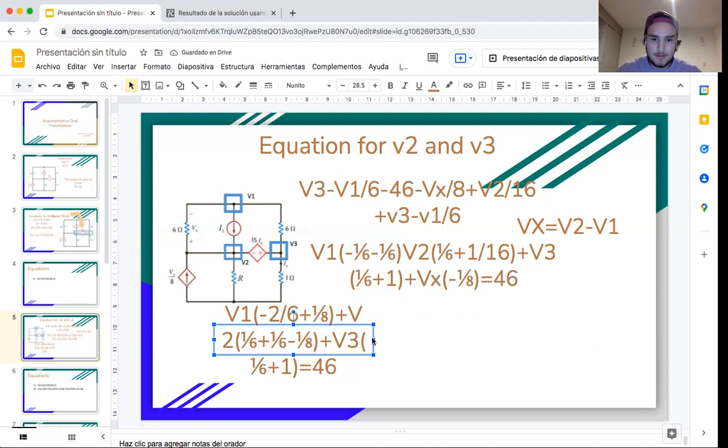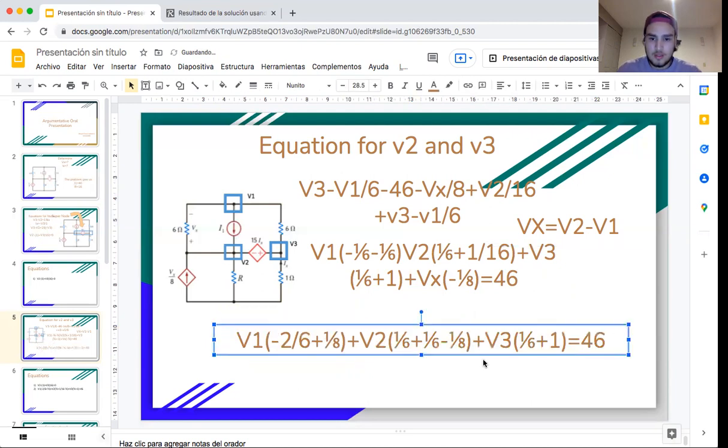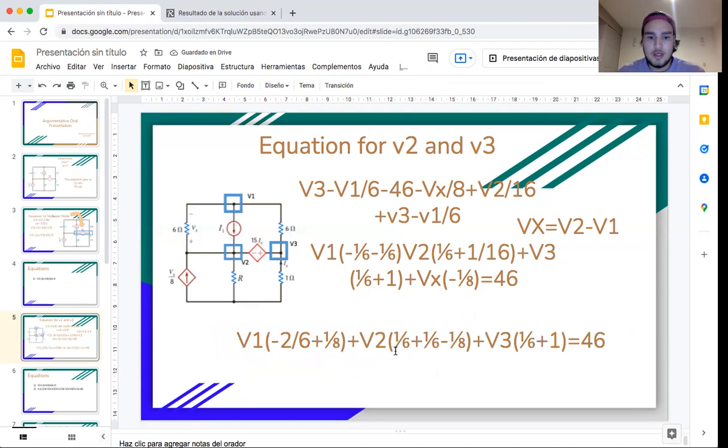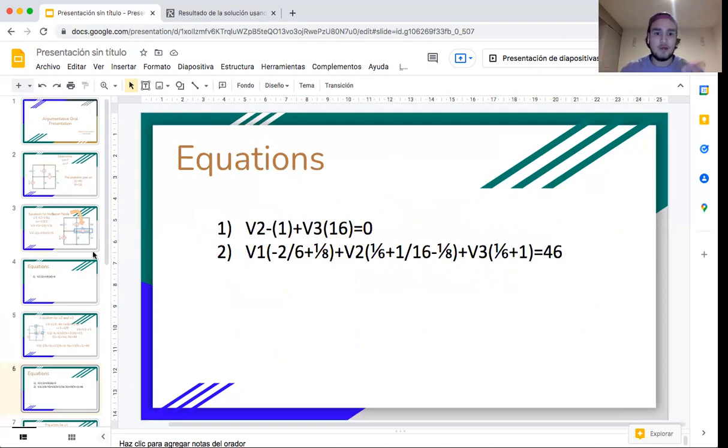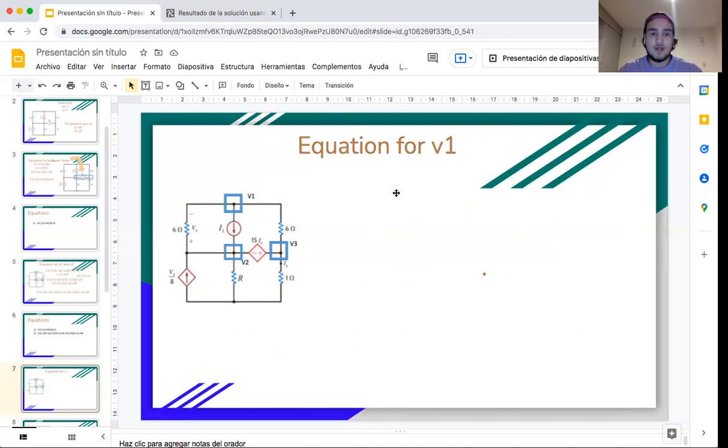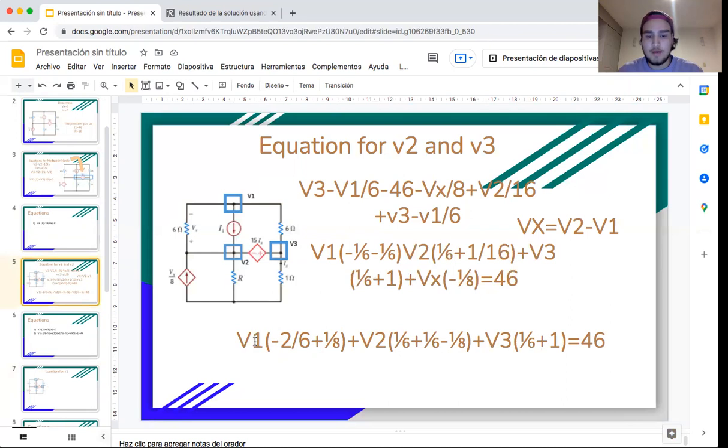So now we have the second equation, and as we can see here, we only have V1, V2, and V3, the three unknowns that we have here. So now this is our second equation. Here we have the first and the second equations. Now we are going to have the equation for V1, because as we can see, we have V1 here, but we are going to solve just for V2 and V3.